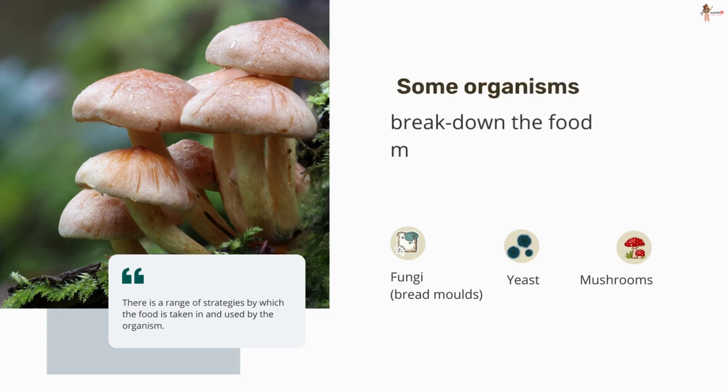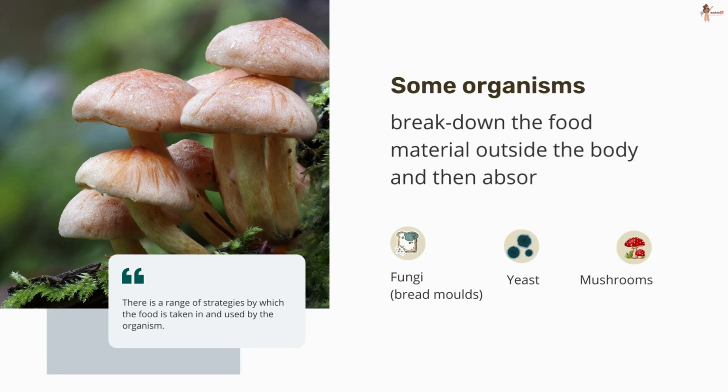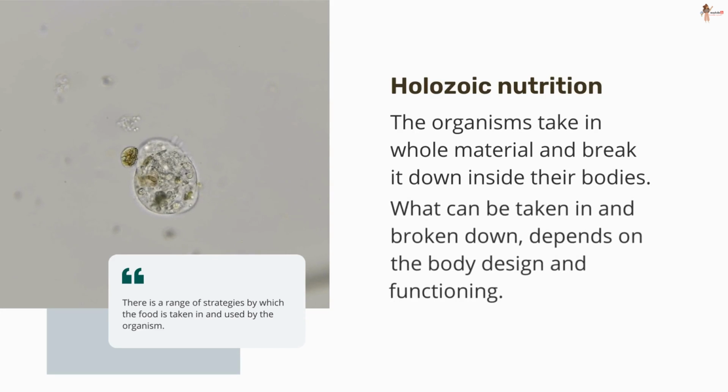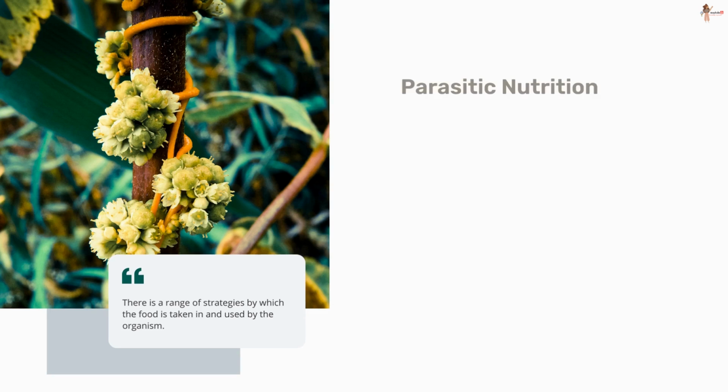Some organisms break down the food material outside the body and then absorb it. Examples are fungi like bread molds, yeast, and mushrooms. Others take in whole material and break it down inside their bodies. What can be taken in and broken down depends on the body design and functioning.